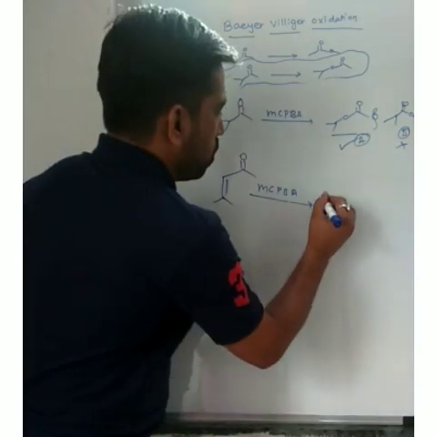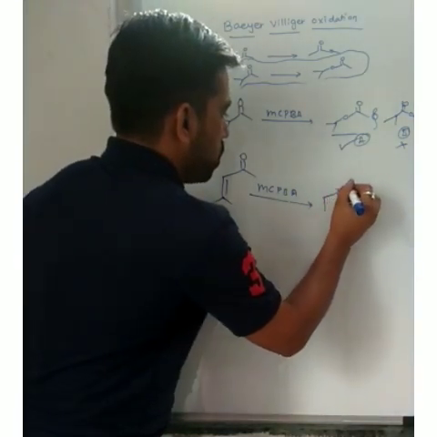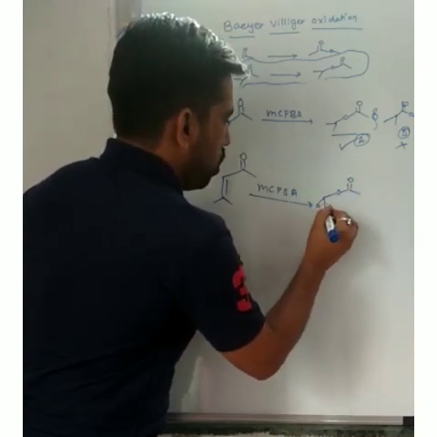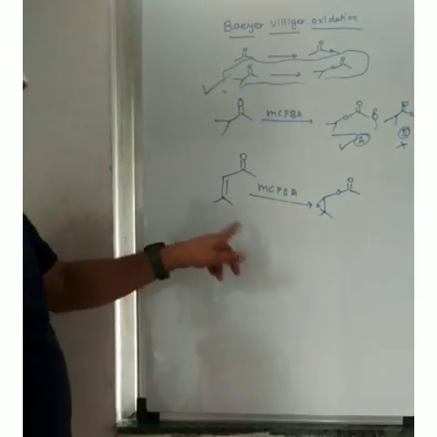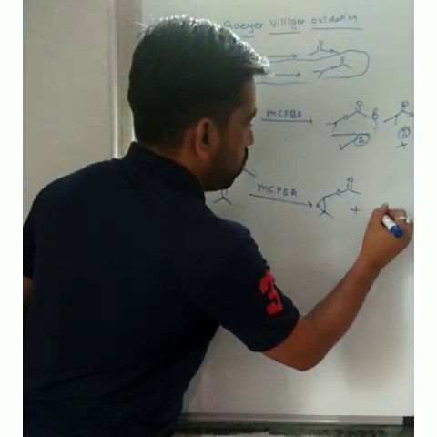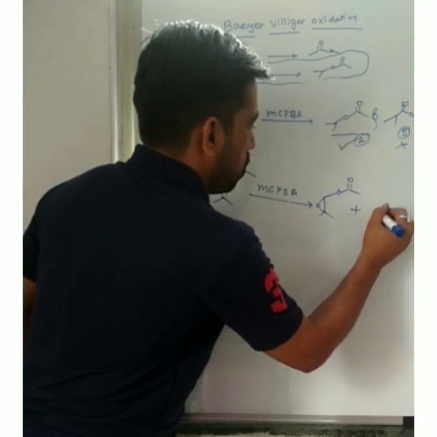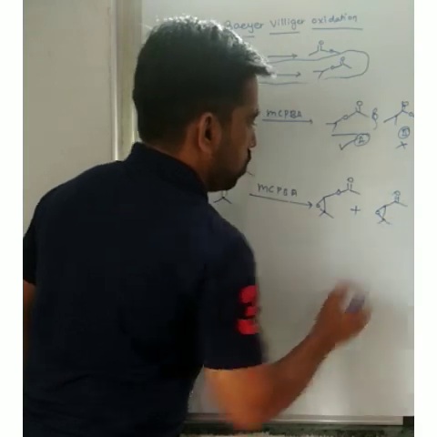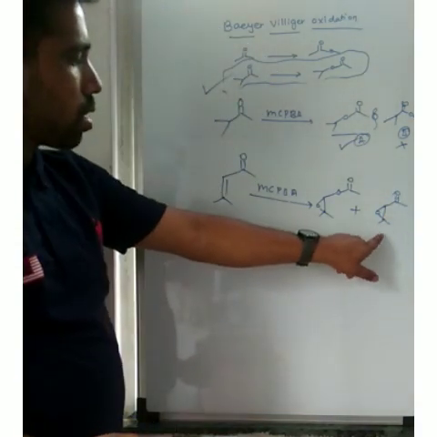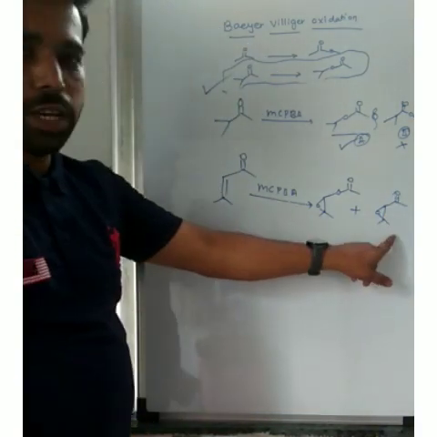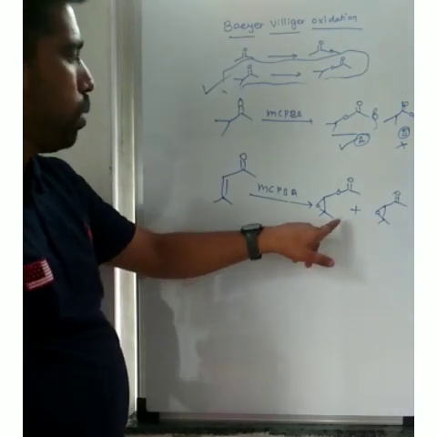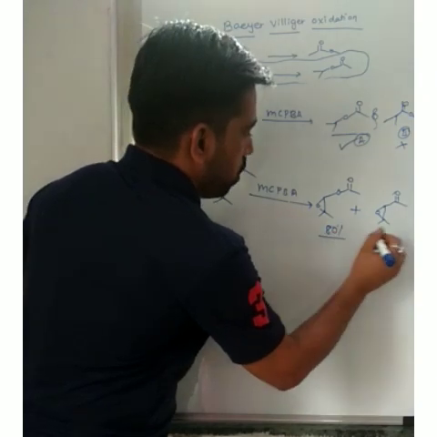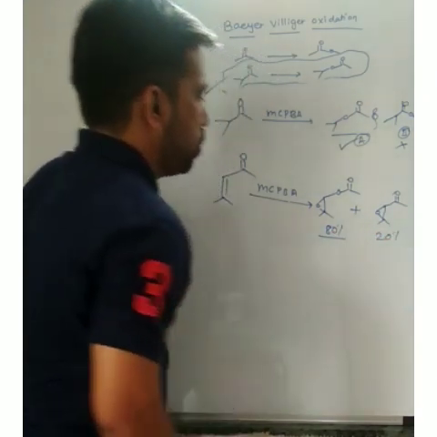Which ones? Insertion at the more substituted side along with epoxidation of the double bond, and also only epoxidation and not the insertion of oxygen. This is the epoxidation using metachloroperbenzoic acid, and this is the Baeyer Villiger oxidation reaction. This gives the 80% product, and this is the 20% formation.